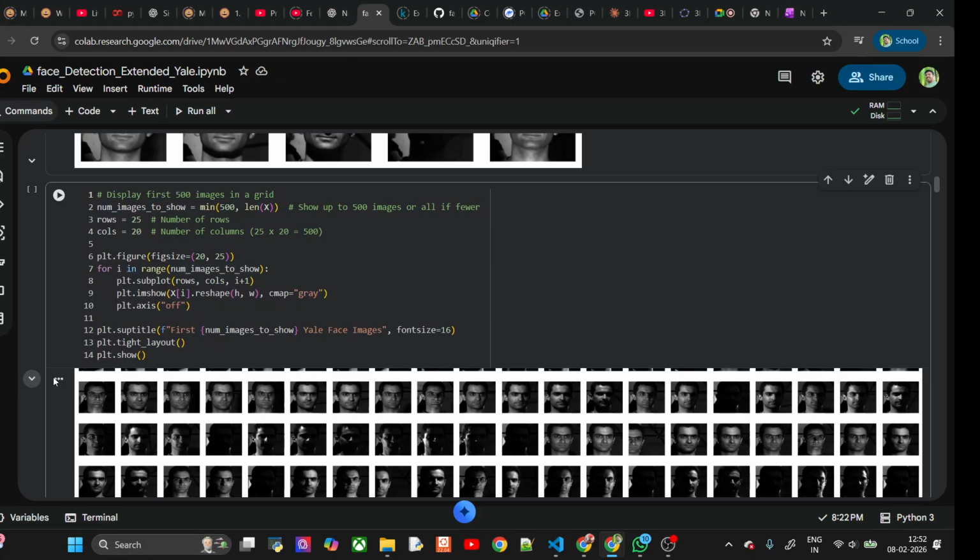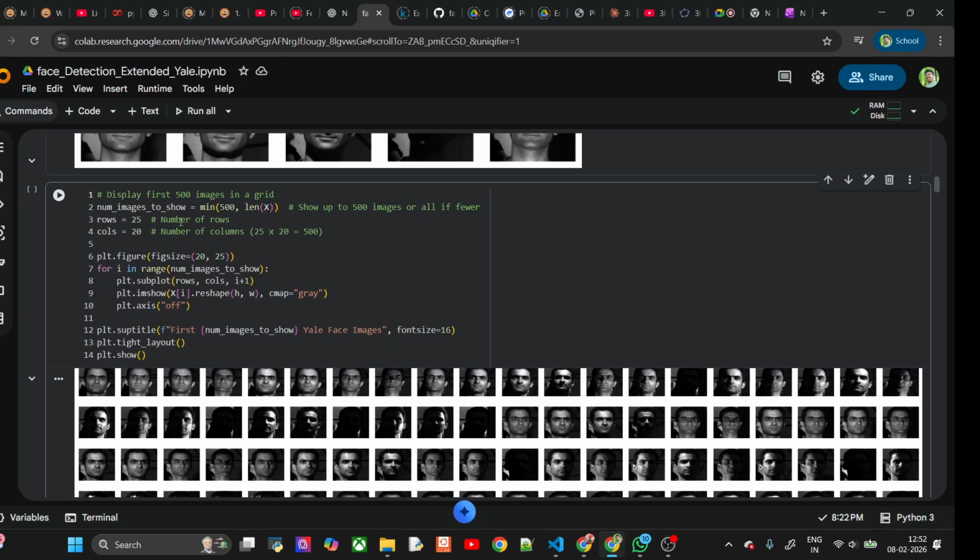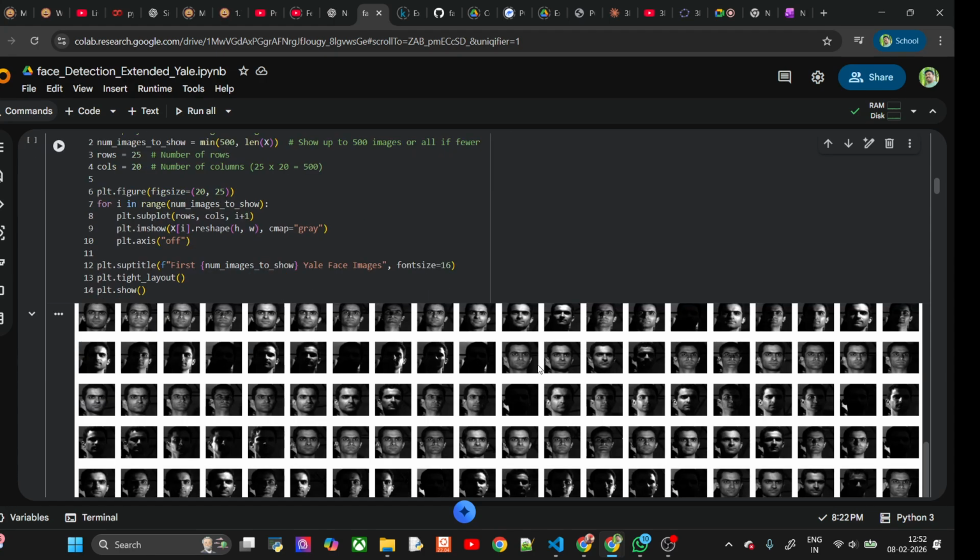If I show you the images, I put some 25 rows and 20 columns from the complete data set to show what the extended Yale face detection data set looks like.